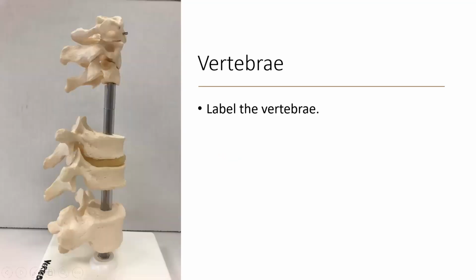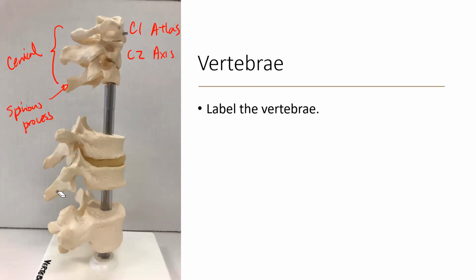Okay, label the vertebrae. These are your cervical. C1 and C2 specifically, the atlas and the axis. At the back here, these things are the spinous process.